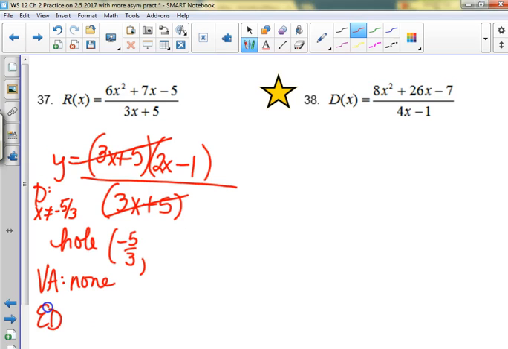The end behavior asymptote is y equals 2x minus 1. And that's all the graph looks like, except it would have a hole at, we didn't finish yet. We got to plug in -5/3 right there. I'm getting -13/3.